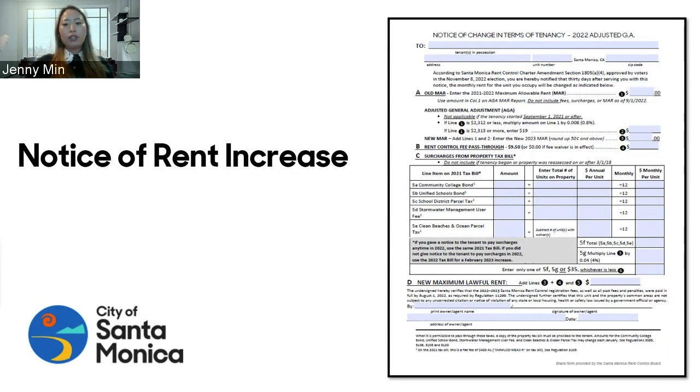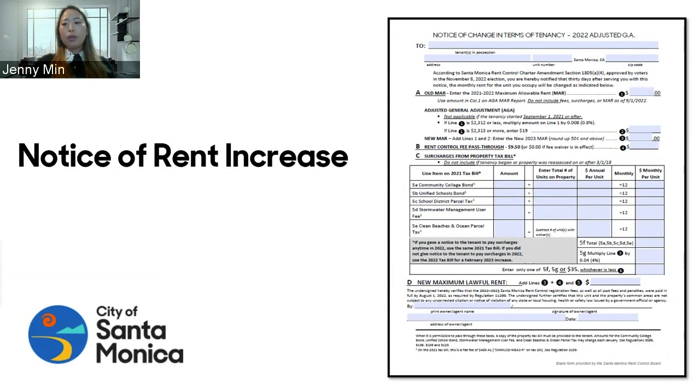Section C is a surcharge from the property tax bill. And as I mentioned earlier, surcharges cannot be passed to tenants that moved in on or after March 1st, 2018, or if the property was reassessed on or after March 1st, 2018. And the owners must provide a copy of the tax bill to the tenants with their rent increase notice to pass through most surcharges.